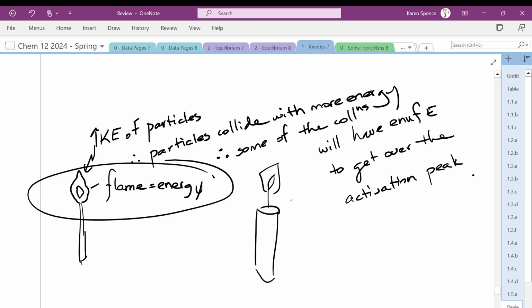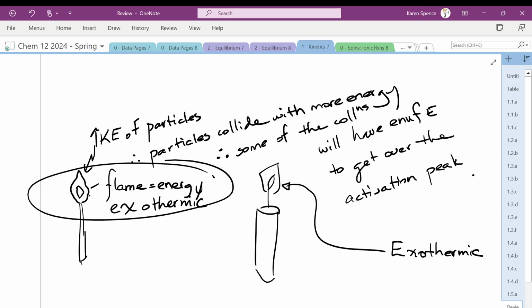What kind of reaction is this? Exothermic. Oh, guess what? This was also exothermic. So the flame here was providing the energy. Now we have a flame on the candle itself. So it's like a self-perpetuating sort of a thing.